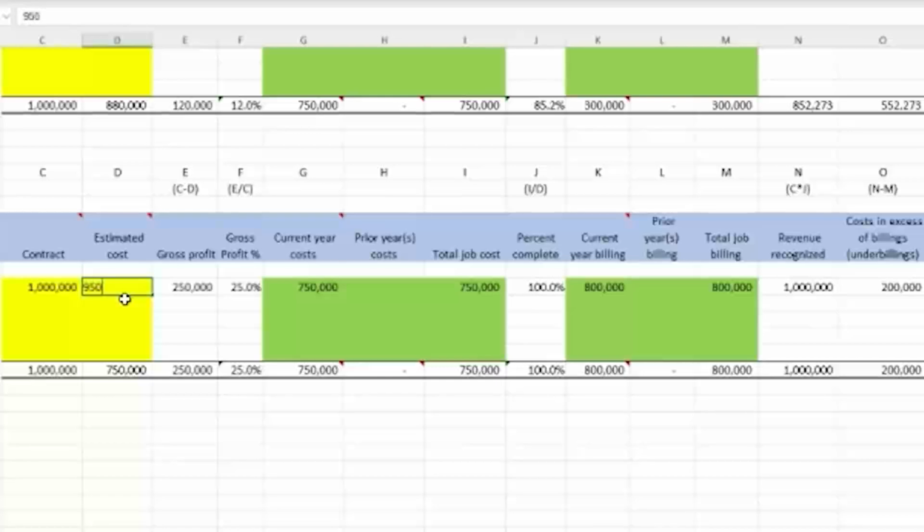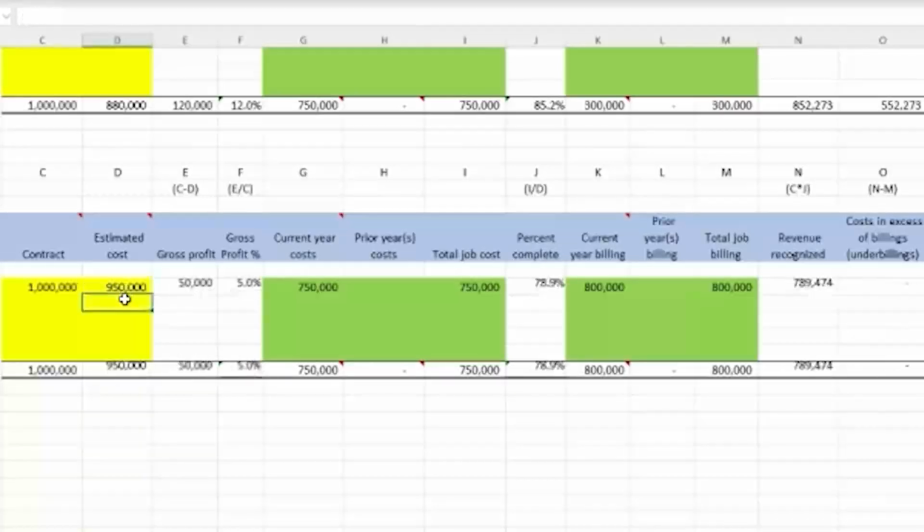So if you end up in a situation where your jobs are trucking along and you think you're making 12% or whatever you bid them at, and then your P&L is fading, well, the remedy is to go back and look at your estimated cost, because either the PM's not recognizing that there's a problem in the job, or it's closed jobs and you've got costs coming in after they come off the WIP, or costs are incorrect.